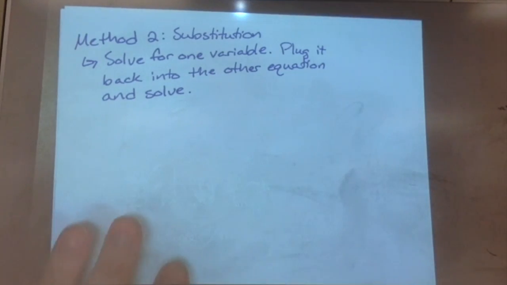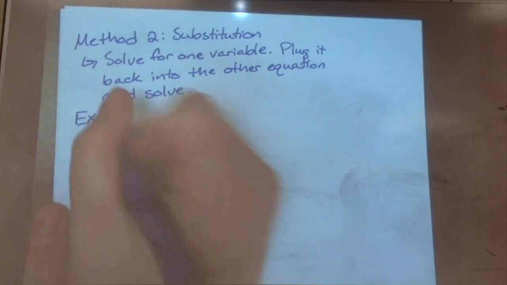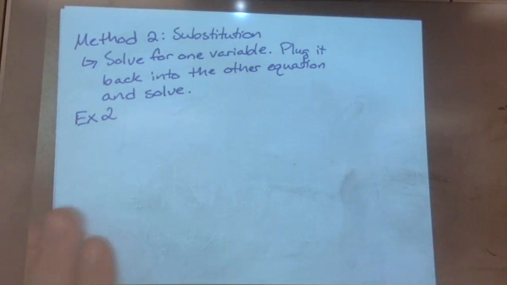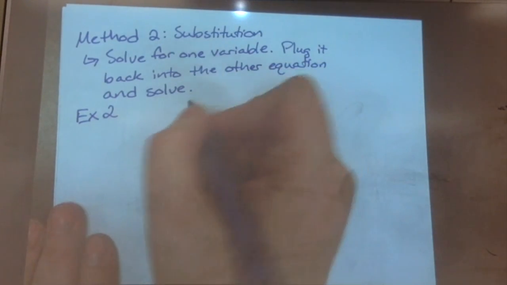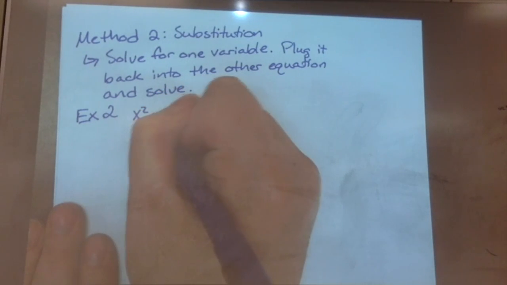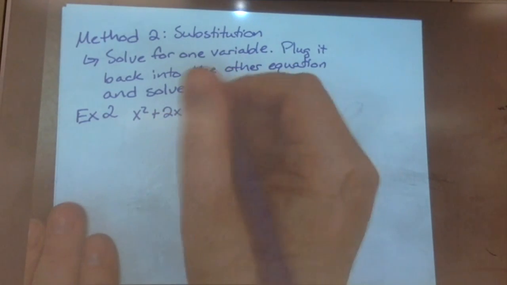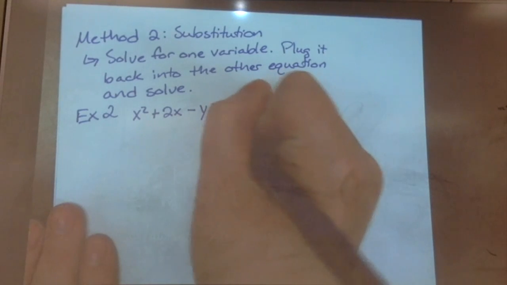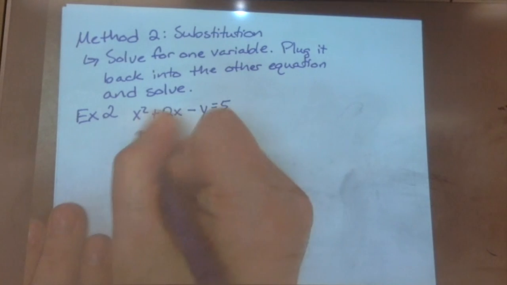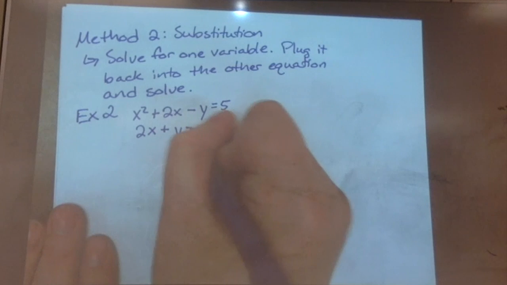All right, so let's look at an example. Example 2, we'll call this. We have the equations x squared plus 2x minus y equals 5, and the equation 2x plus y equals 7.